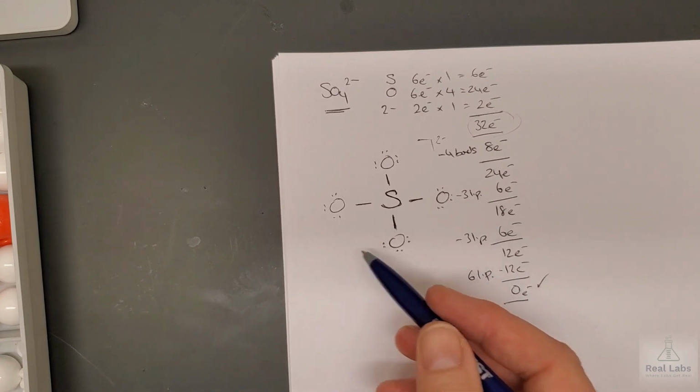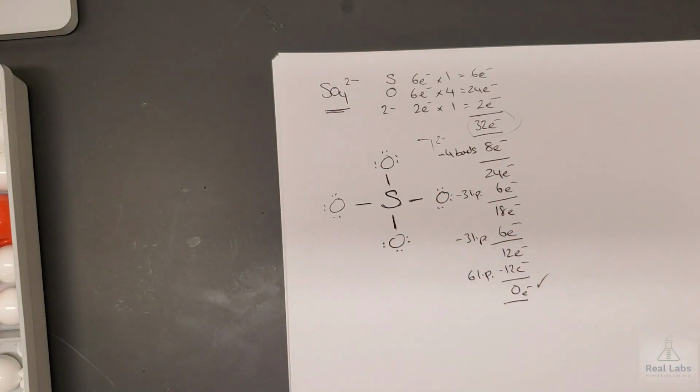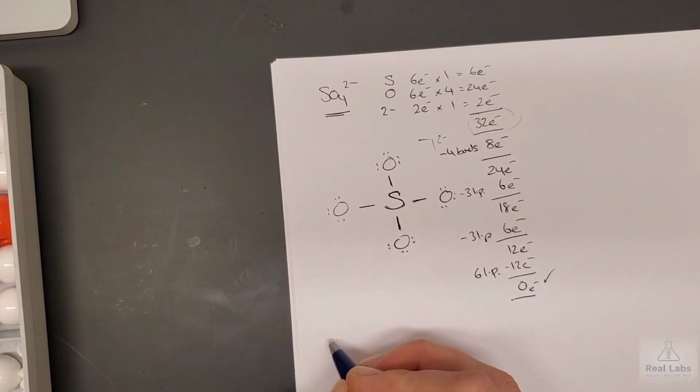So if we do this, the question is, what is the net charge on each atom? What is the formal charge on each atom? Remember, we have to calculate formal charge.